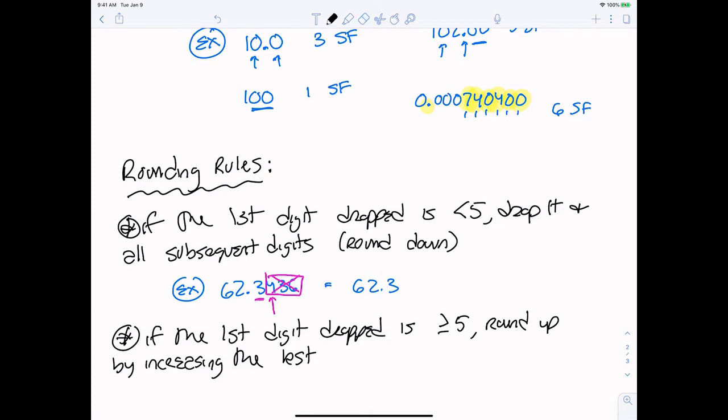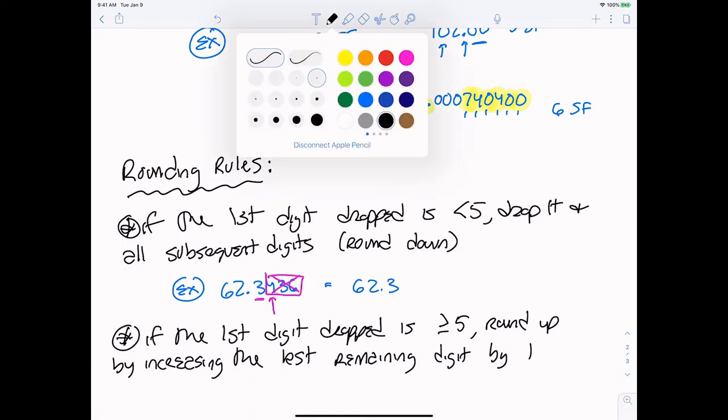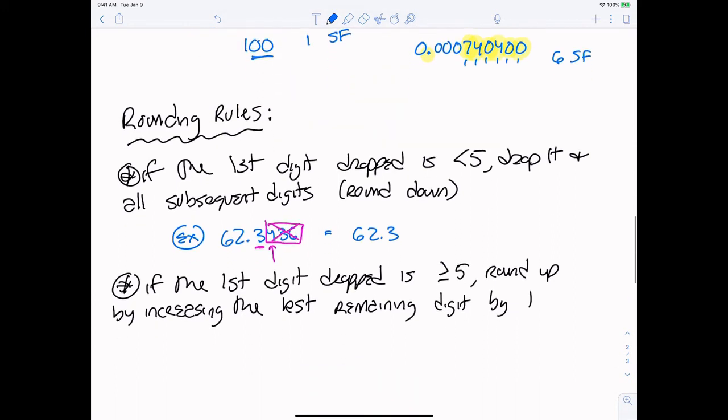I'm actually a horrible speller, sorry guys. So if the first digit dropped is greater than or equal to 5, round up by increasing the last remaining digit by 1.